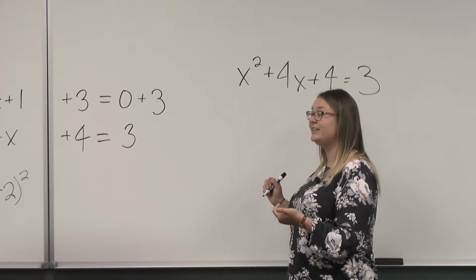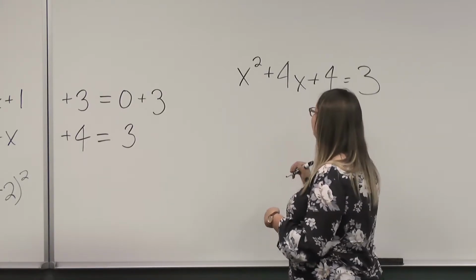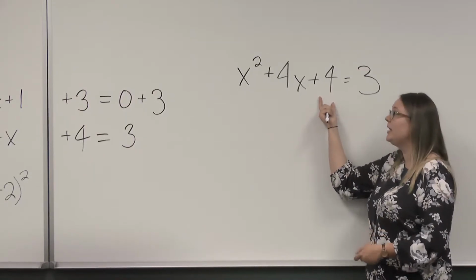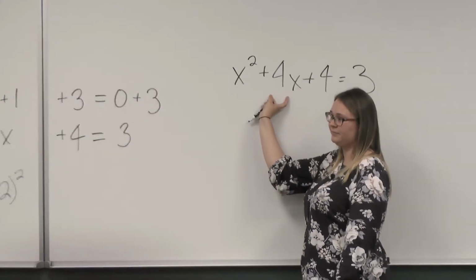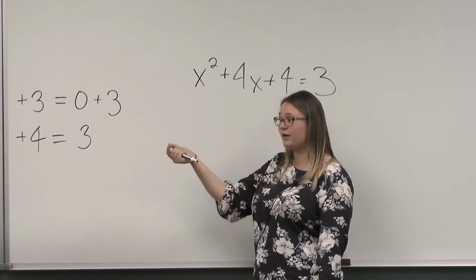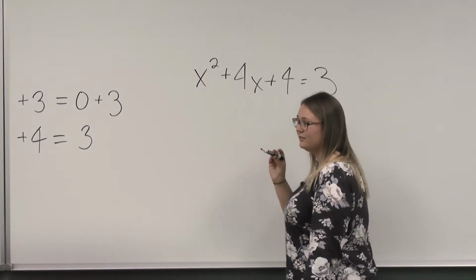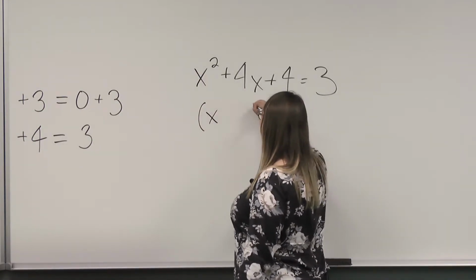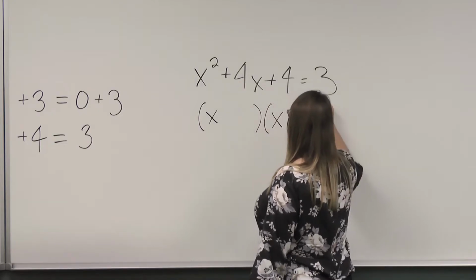So think back to what Anne said at the beginning of class. She mentioned that we want two numbers to multiply to get our constant term and add to get our linear term. So are there two numbers that exist that multiply to get 4 but also add to get 4? 2, right. So then if we set this up the way we normally would factor it, what two numbers would we have?